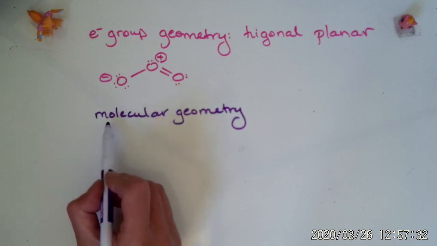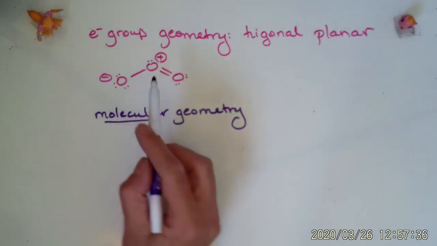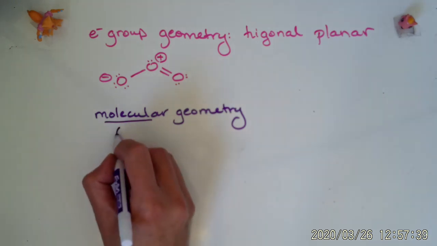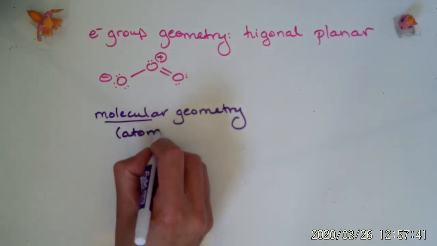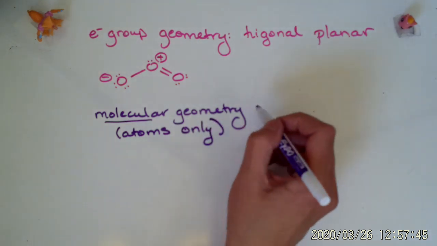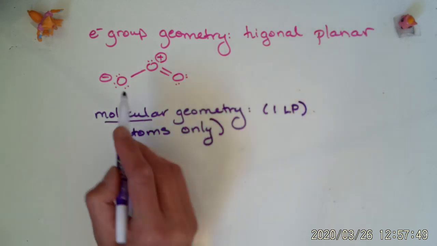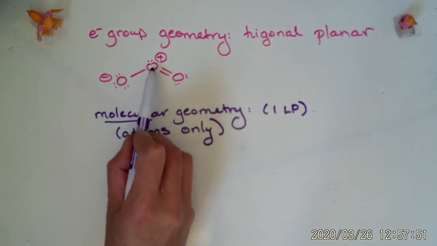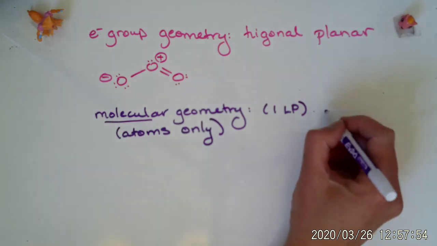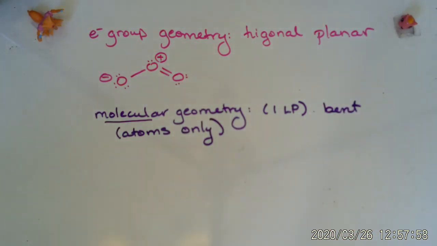Okay, now if we look at the molecular geometry, I do not include any of the electrons, the lone pair electrons. I'm only looking at the atoms. Okay, so when I have one lone pair, instead of trigonal planar, look at it, it looks bent. And so that's what we call it for our molecular geometry.